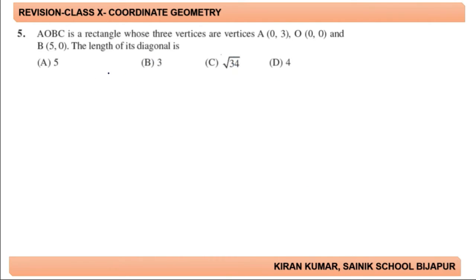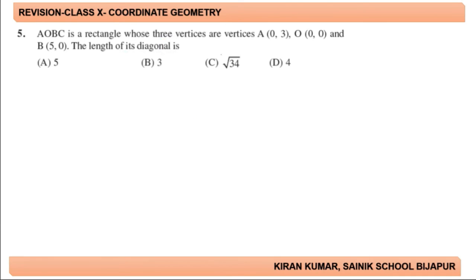Question 5. AOBC is a rectangle whose three vertices are A (0, 3), O (0, 0) and B (5, 0). The length of its diagonal is.